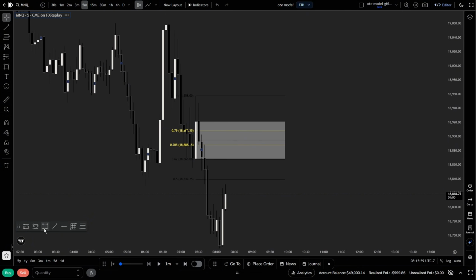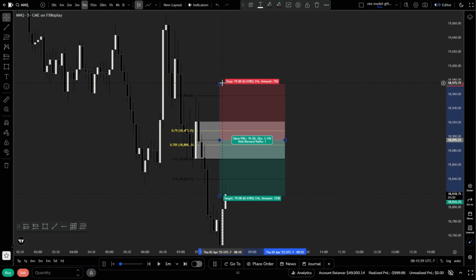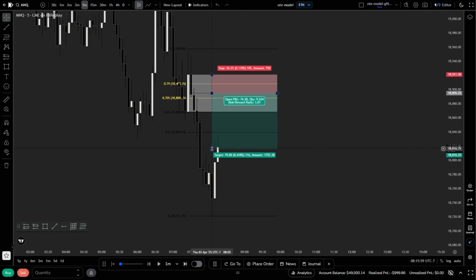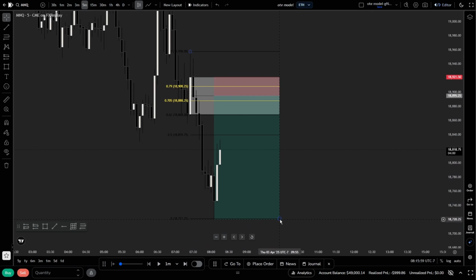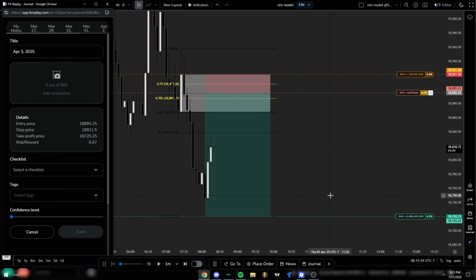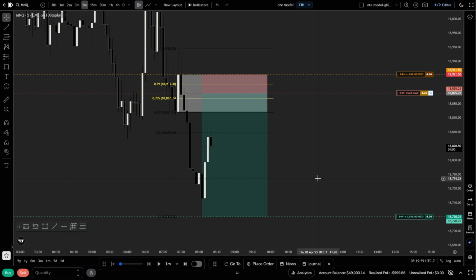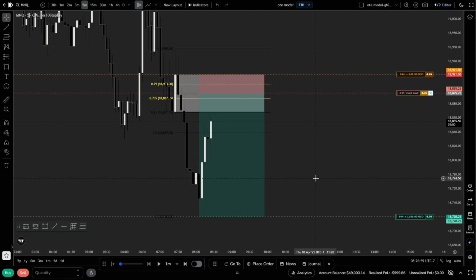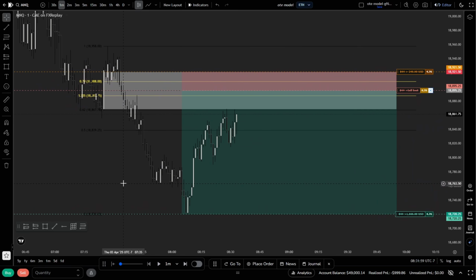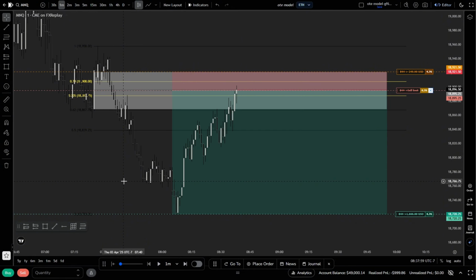You could take the equilibrium of it, and so the gap right there. You target down here. Move this down. Alright. This is short. On the lower time frame, let's drop down. And we tap into it.